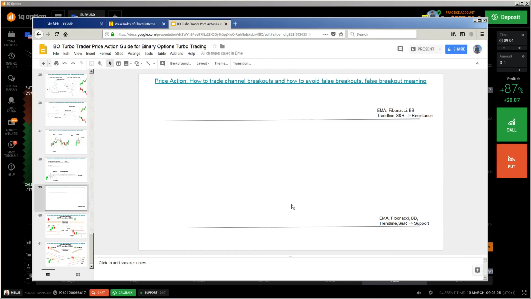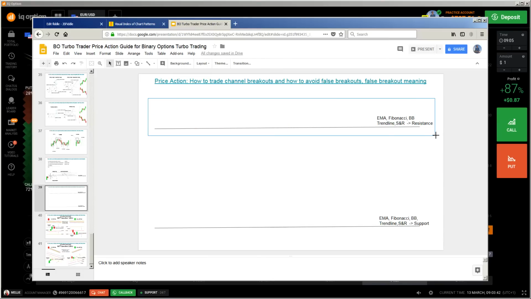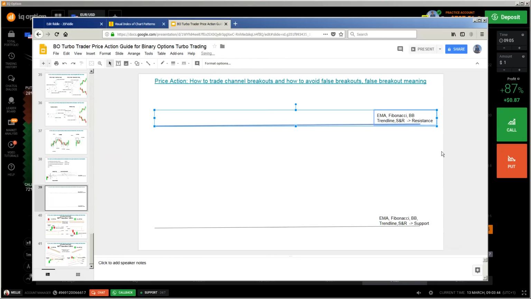So, okay, let me explain now a few types of false breakout. There are maybe some more, and also some which are really weird. But I'm going to show you those which I face in my trades, because you have to understand that a breakout, how a Forex trader trades it, is something else from a breakout we binary option turbo traders are trading.